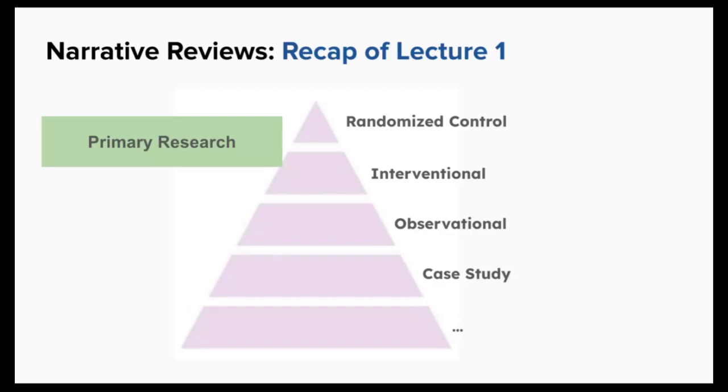And then case studies, towards the bottom there, tend to be observational, or they tend to look at only one or two different subjects, meaning patients, at a time. So you'll see at the top of the pyramid for primary research, just like at the top of the pyramid for secondary research, those methods are extremely rigorous and extremely time and resource consuming, which is fantastic.